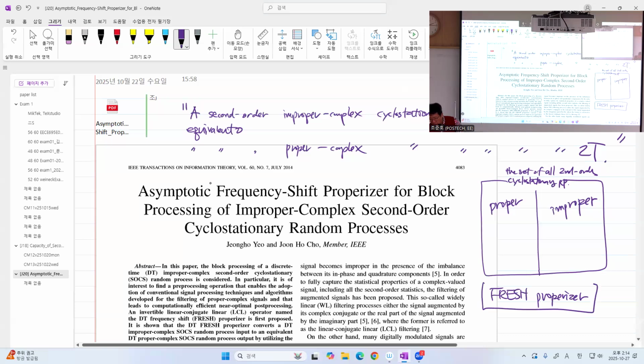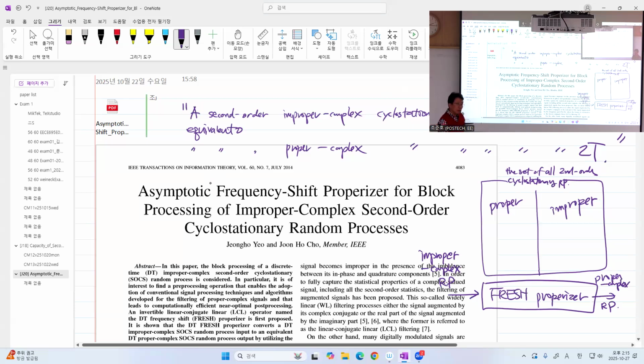Its input is, in most cases of interest, an improper complex random process, and the output is a proper complex random process.